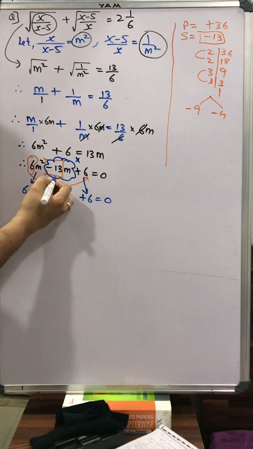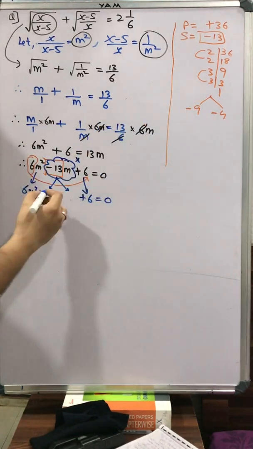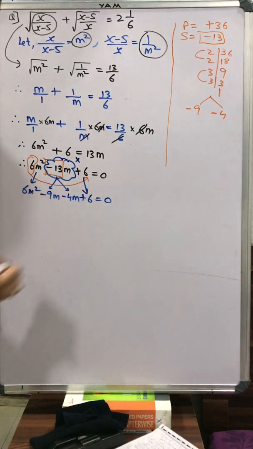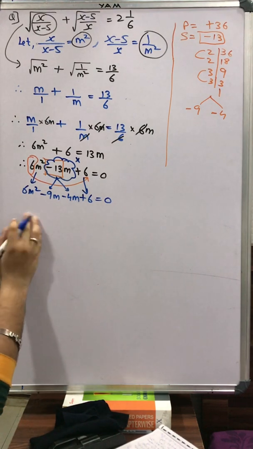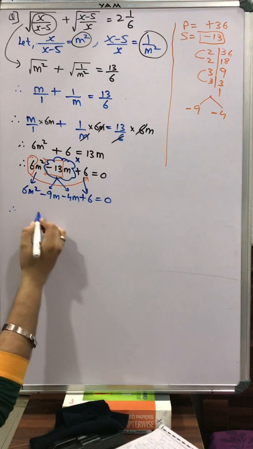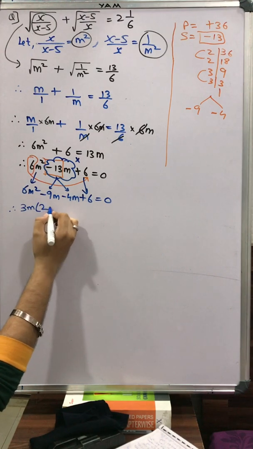At the place of this middle term, I'll have two terms now. One is minus 9 and one is minus 4. So I'll have minus 9m and minus 4m. Okay, the same old story. ये दो terms में से कुछ common, ये दो terms में से कुछ common. Therefore, इसमें से if I remove 3 common and m common, so 3 2s are 6 and m here.